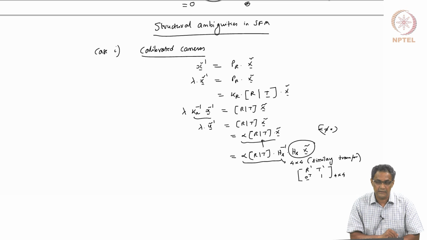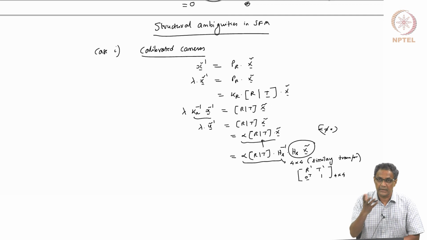So in a calibrated camera, you can only estimate structure up to a similarity. That means if you see a structure that looks smaller than your actual feeling about the object, or rotated, that ambiguity can come in because you cannot stop it.